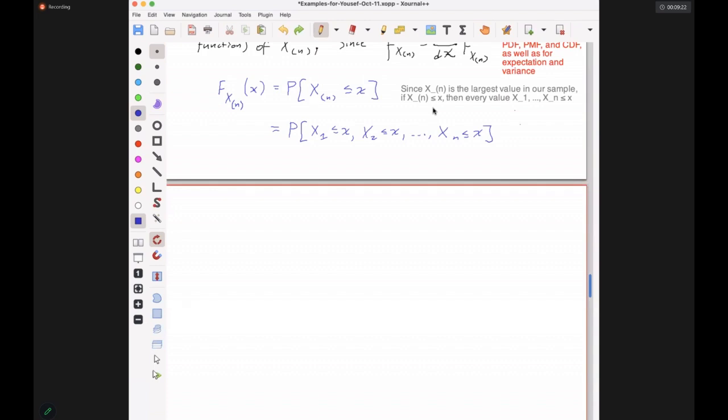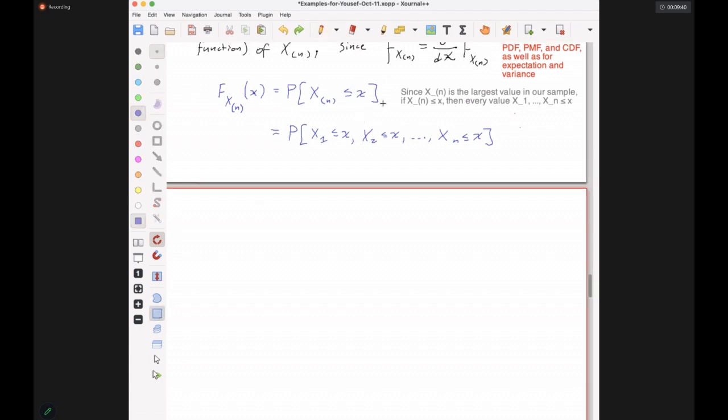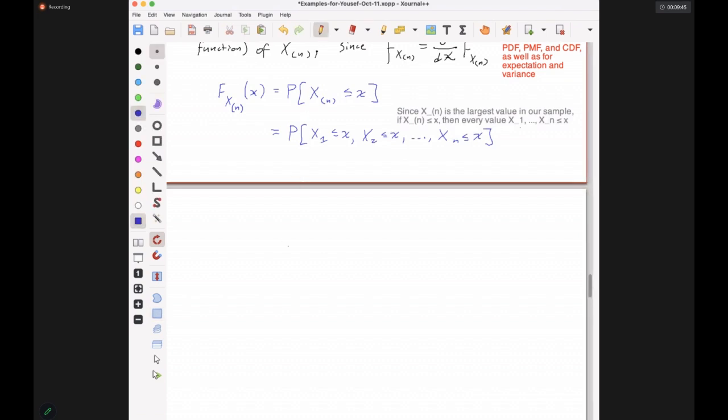So it's something that we can say about x1 up through xn that is very important to being able to split this out. It is that all of our variables are IID, which means independent and identically distributed.